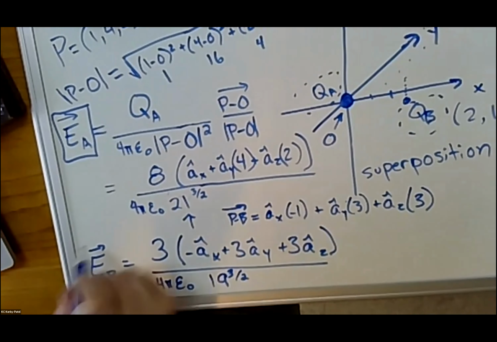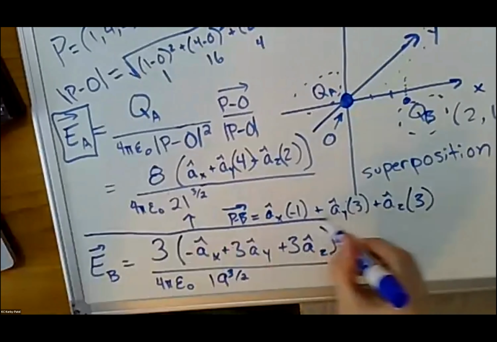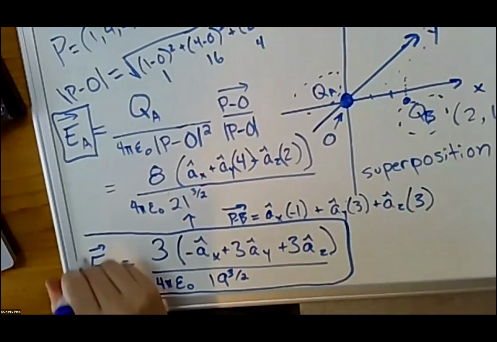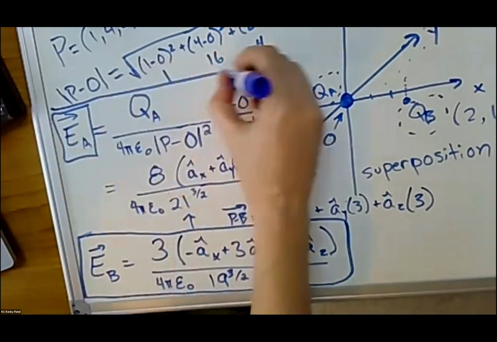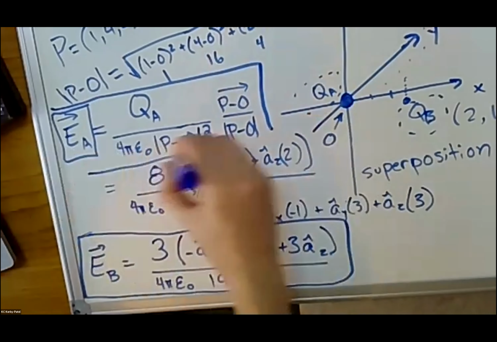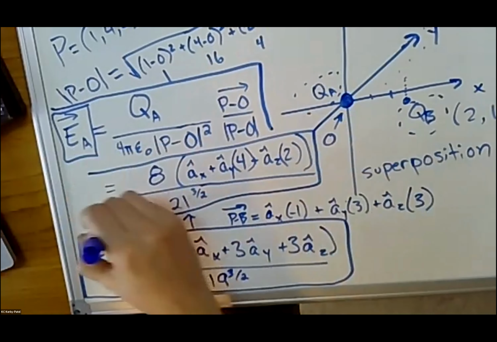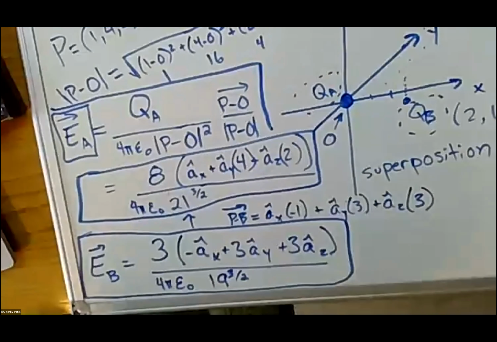So these are my 2 electric fields. This right here and this right here. And I have to add them together, which means that what I have to do is add the individual vector components together, not the whole thing somehow.